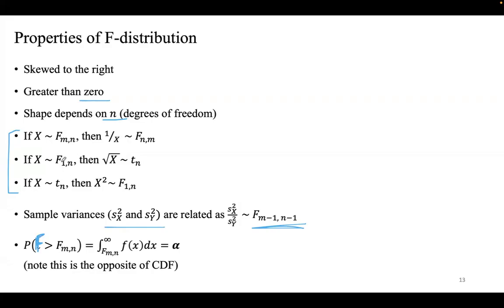So m could be just 1 also. If that is the case, then the root of x actually has t distribution with n degrees of freedom. And the other way is also true, that if x has a t distribution, then the square of it becomes this. So these two are just inverses of each other. These are just some more corollaries, I should say.